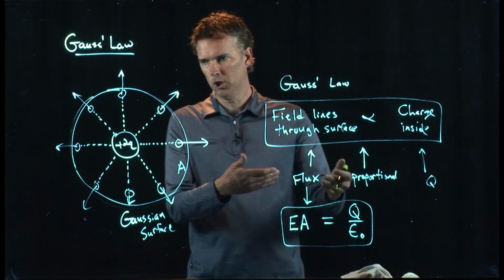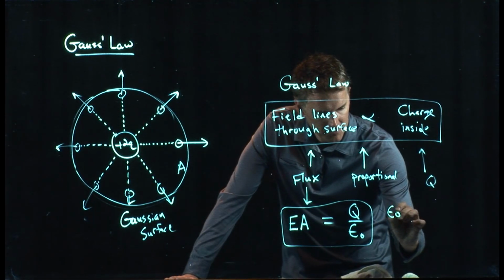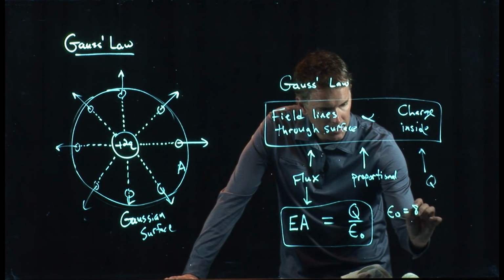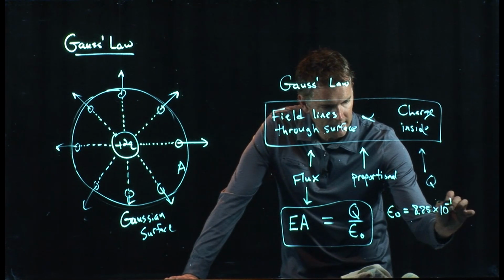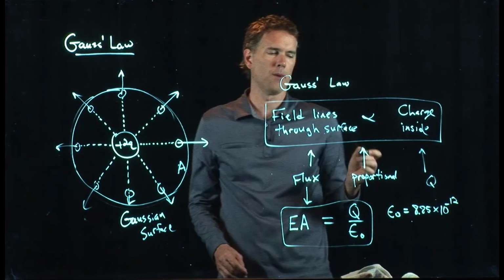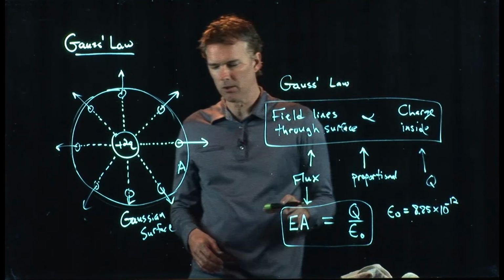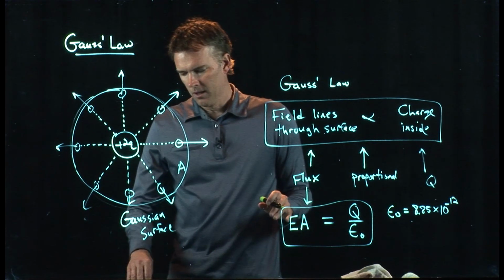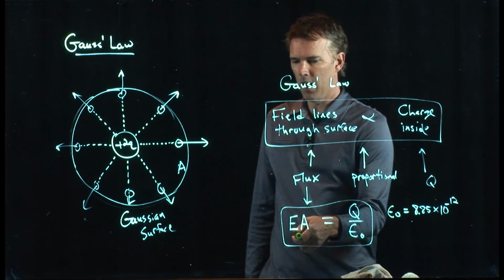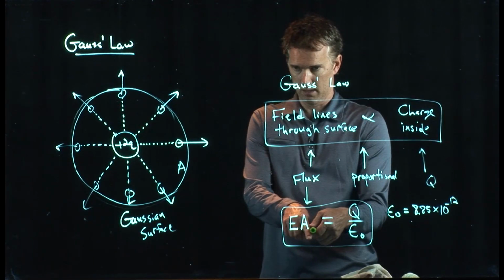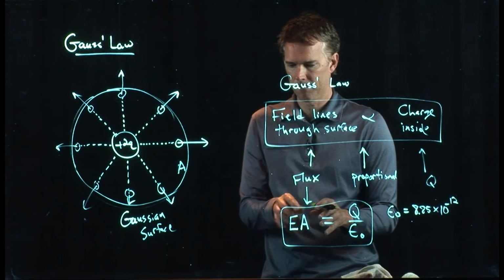It's proportional to Q over epsilon naught. Epsilon naught is called the permittivity of free space. It has a value in SI units of 8.85 times 10 to the minus 12, and you can put the units on there. It's some funky units. So when you are asked the question, what is the flux, this thing is what you want. The flux is E times A.